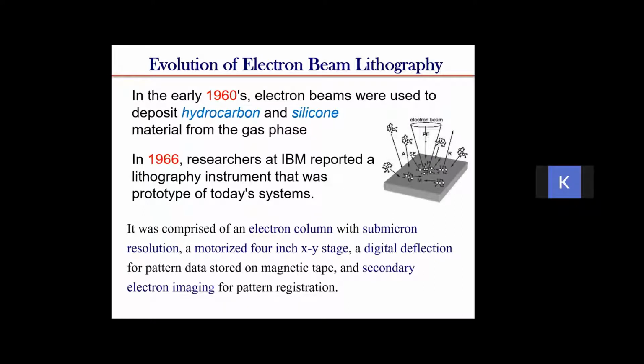In 1966, IBM developed a lithography instrument which comprised an electron column whose resolution was submicron. It had an XY motorized stage and a digitized deflection system, so that you could write the pattern using the electron beam, and you could also monitor the progress in situ by secondary electron imaging.